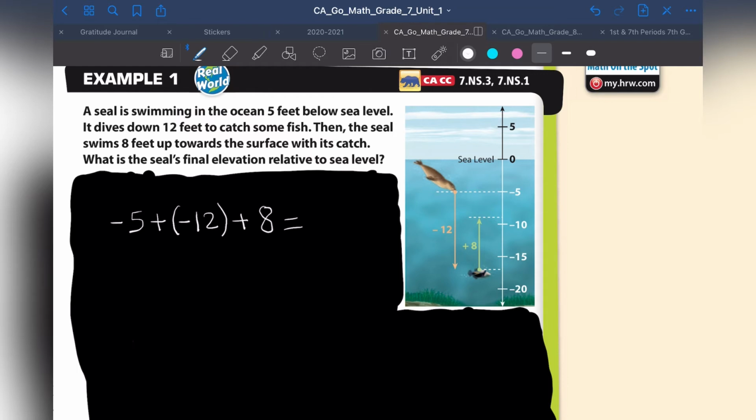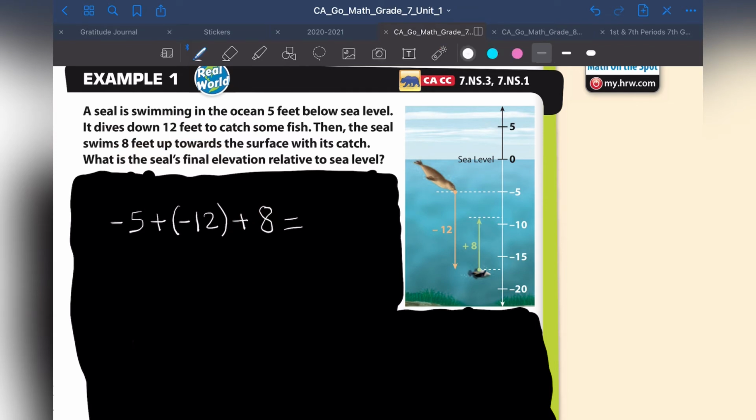We have to start from left to right and use the rules that we learned. Now both of these are addition, so it's going to be easy. We can see that we have 5 feet below sea level right here, and then it dives down 12 feet, and then it went up 8 feet.